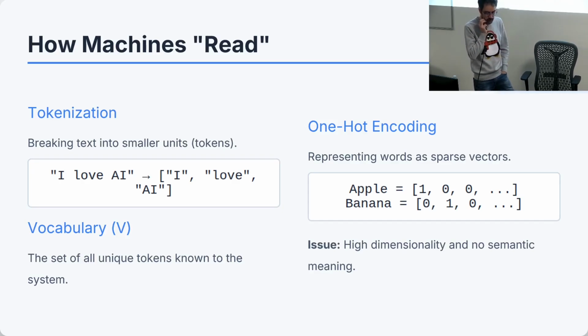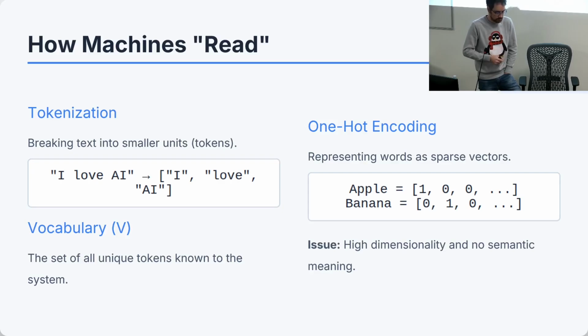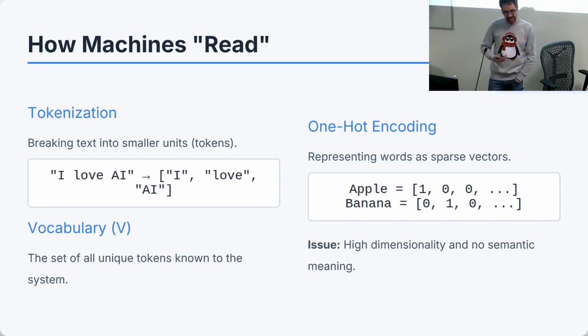So we need to break text into smaller units that we call tokens. The easiest mapping you could imagine is taking individual words. Okay, so that's easy. Any kind of text, I can decompose it into individual words. We will see that it is not actually exactly like this, but that's a good approximation.